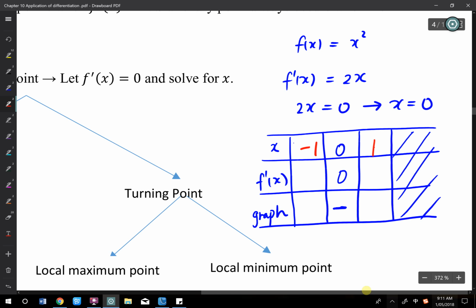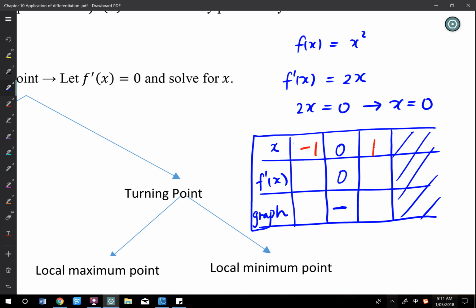I'm not sure whether you were told this last year, but according to the teachers who marked the exam, you can't only write the sign diagram in the second row, you must write values, which means you must substitute into f dash x and find the value. All we need to see is whether it's positive or negative. Sometimes positives added up must be positive, and a square must be positive, so we don't need to calculate.